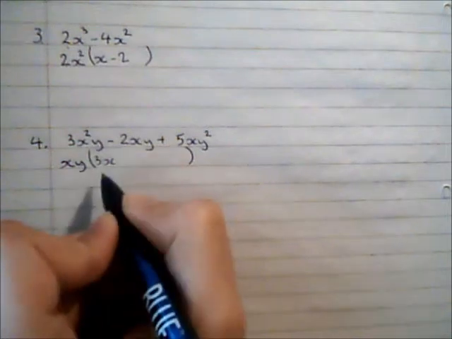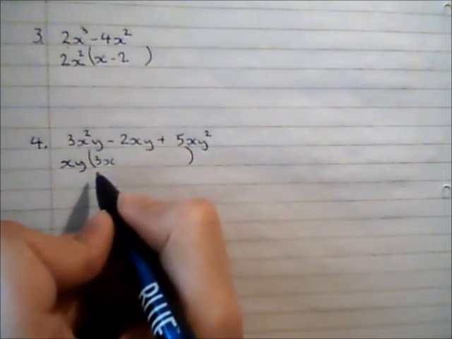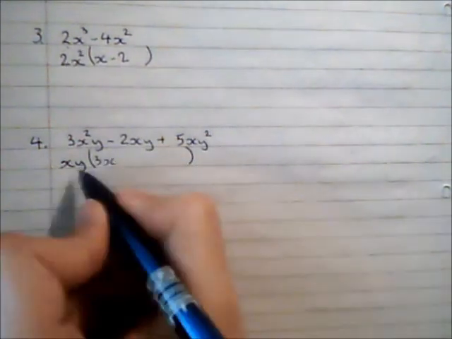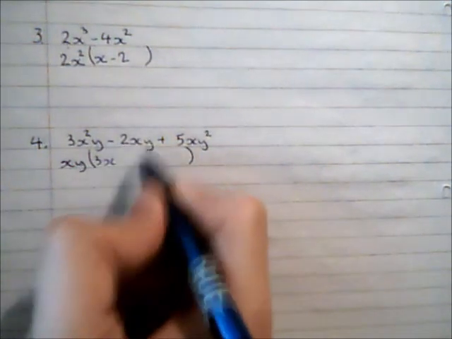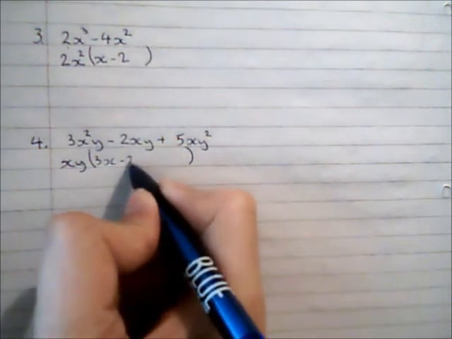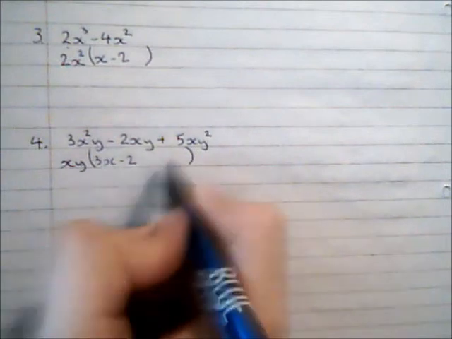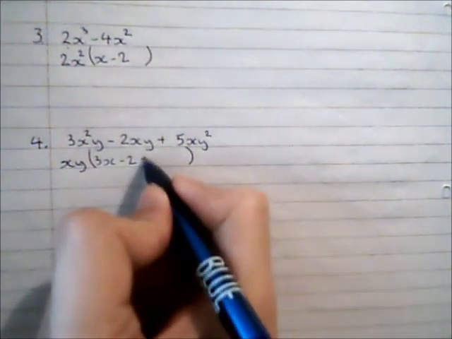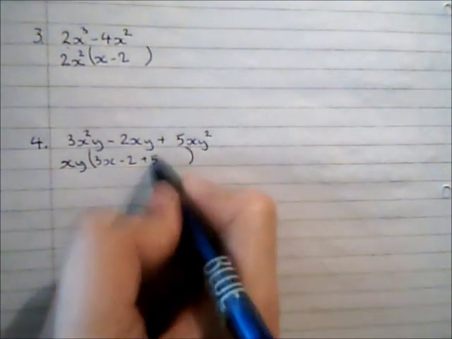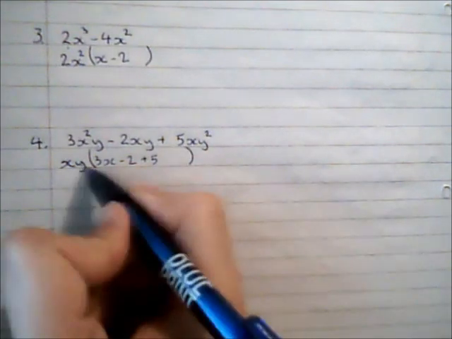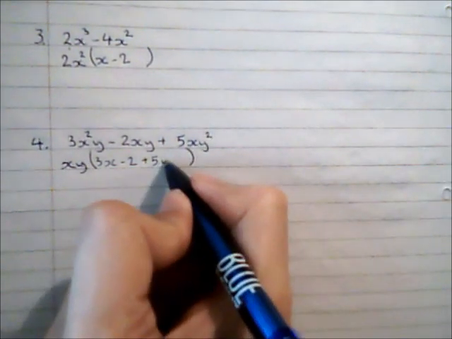Y is already there, so I don't have to worry about that. And the next bit, to get negative 2xy, well, I need the negative 2, the x is there and the y is there. And then the last bit, well, I need the 5, I've got the x, I've got one of the y's, so it must be 5y.